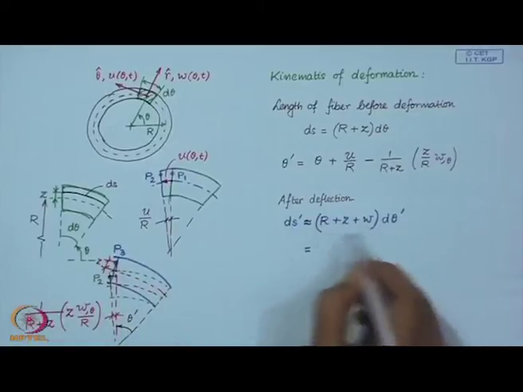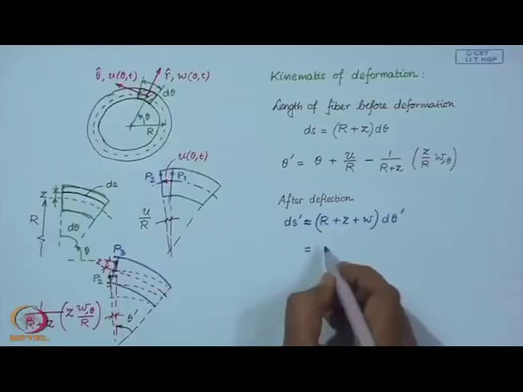So, that is the new radius times d theta prime.